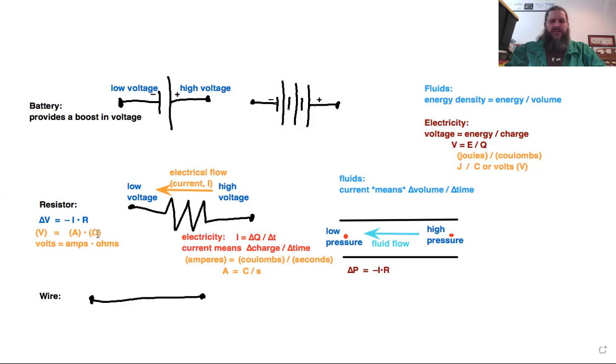And what would ohms equal in terms of the other units? If you actually solve this for omega, what would you get? How would you isolate omega in this equation?